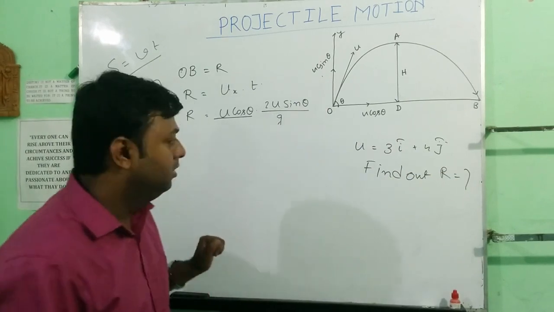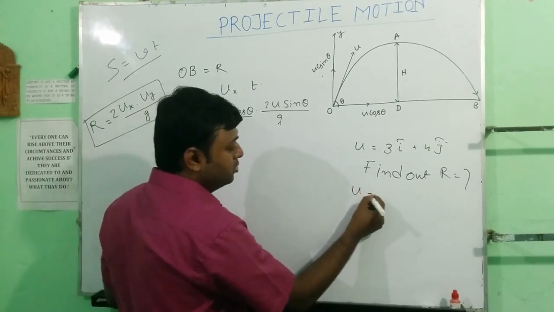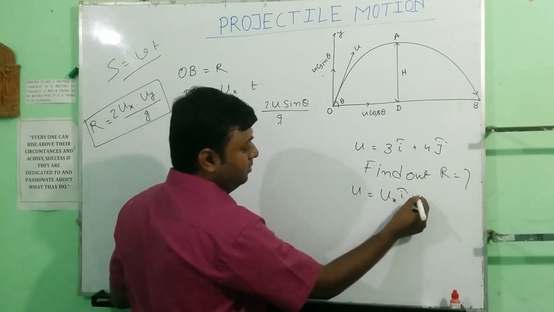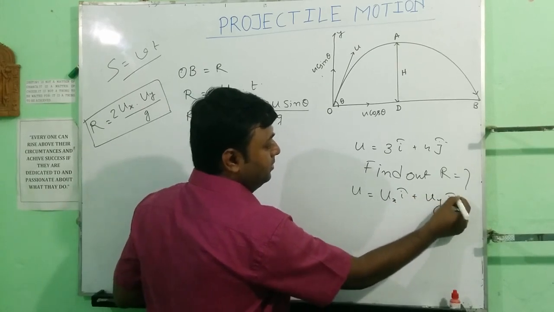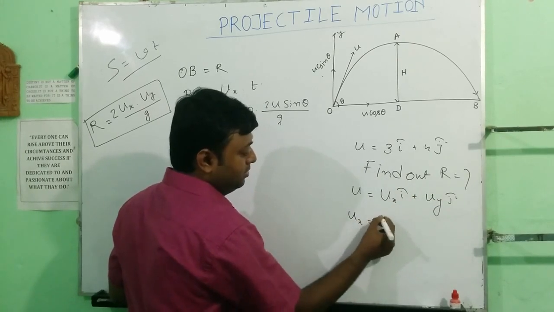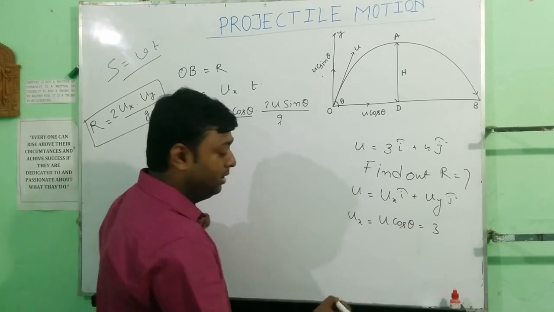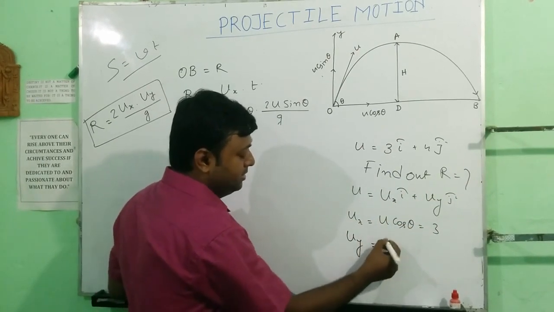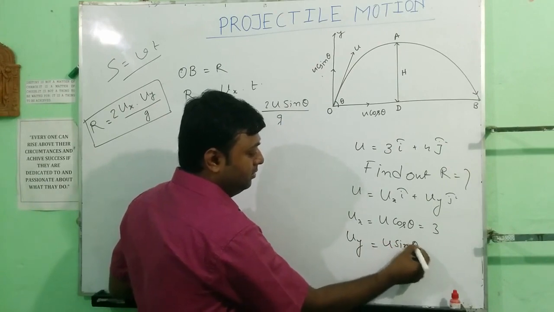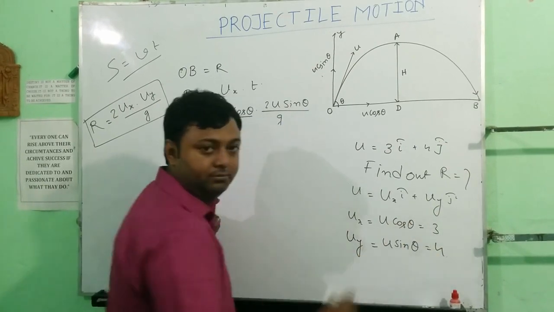To find the horizontal range, we know that u equals ux i hat plus uy j hat. Ux means u cos theta, that is given as 3, and uy means u sin theta, that is given as 4.